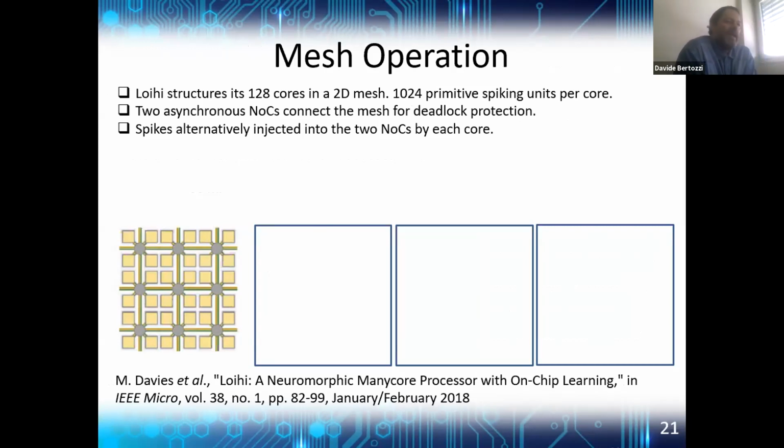This is done using a network on chip with the same topology, the 2D mesh. Each neuromorphic core implements 1,024 primitive spiking neural units, neural units that have spiking capability. They can also be connected together to form higher order spiking structures.